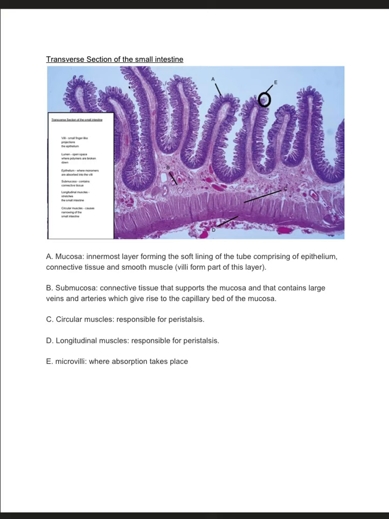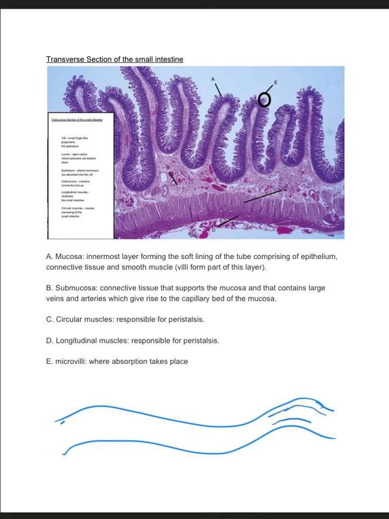So imagine you have your small intestine, this long bit here, and it's got the walls running all the way through it. This section is a cut like this, so we're looking at that.